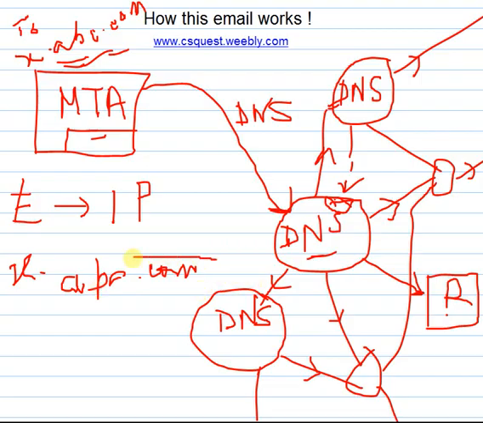So first of all it will check what kind of domain it is. It is a .com domain. So it will check and separate every other DNS having different domains. Suppose this is IN domain, and this is CA domain, and this is com domain.